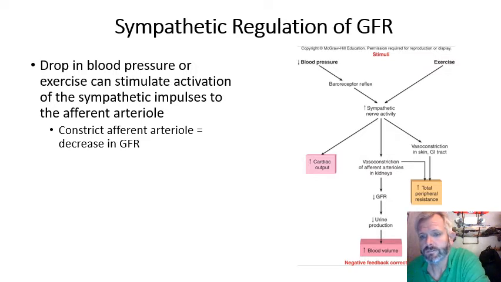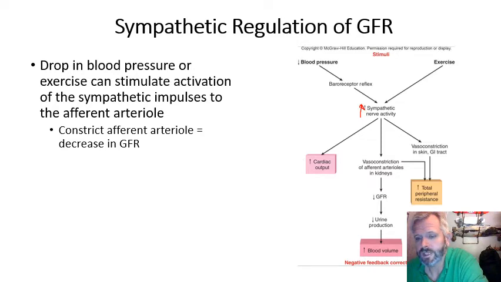Lower blood pressure. What's the baroreceptor reflex? It is to increase sympathetic activity. What do we want to do? That'll increase cardiac output, but it'll also increase vasoconstriction of the afferent arterioles. GFR goes down.